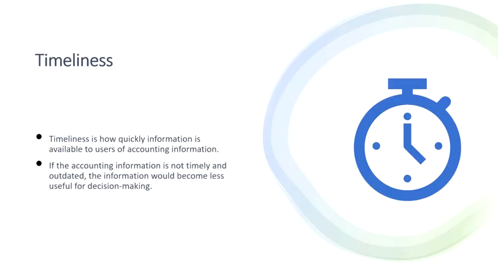Next ialah timeliness. Okay, timeliness is how quickly information is available to users of accounting information. If the accounting information is not timely and outdated, the information would become less useful for decision making. Okay, so dalam accounting setiap hujung tahun kita kena prepare statement.